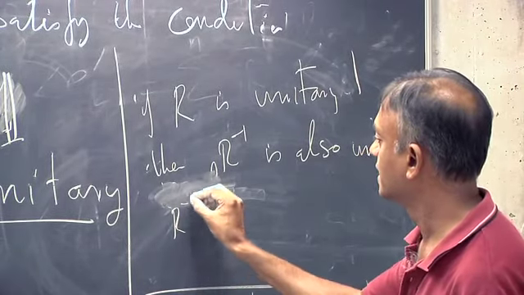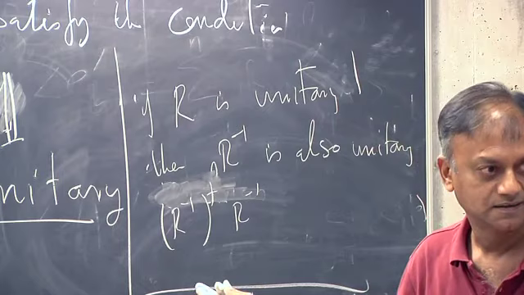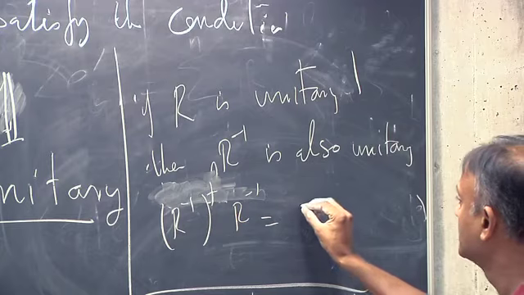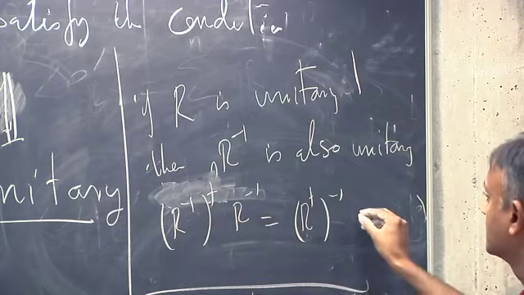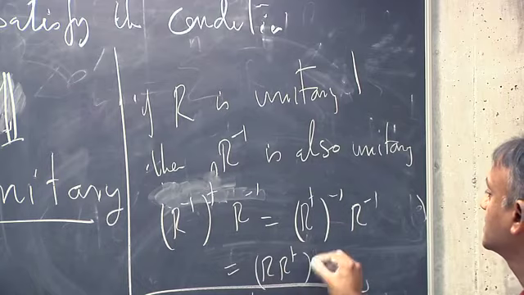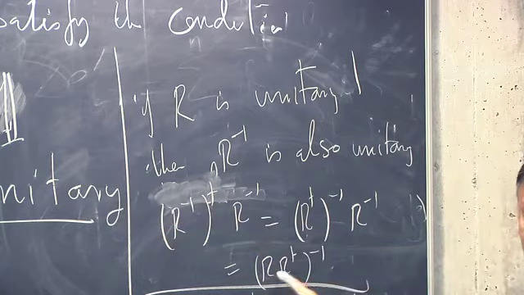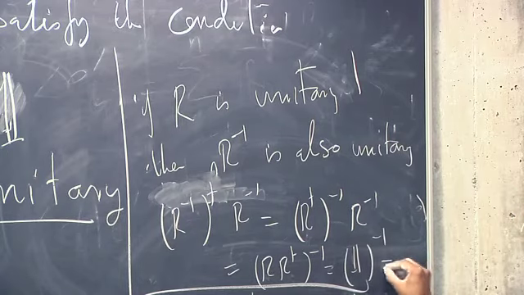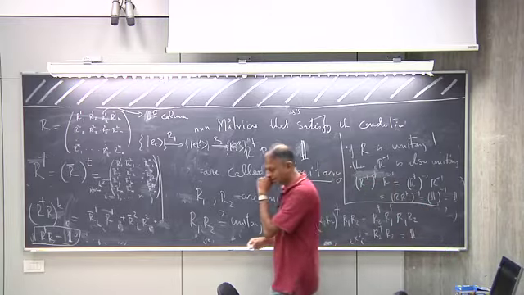I want to take R inverse dagger with R inverse and check whether this is the unit matrix or not. When you take the R inverse dagger, that is simply R dagger inverse. But R dagger is the inverse of R, so R dagger inverse is R. So R times R inverse, this is the inverse of the identity, which is identity. So this is a very special thing that you have.